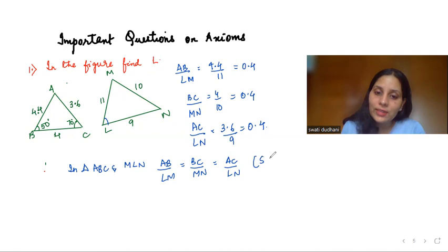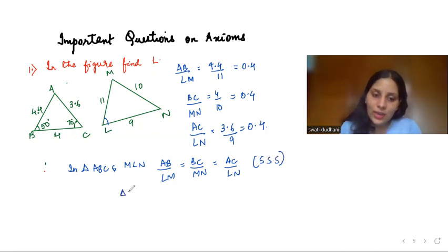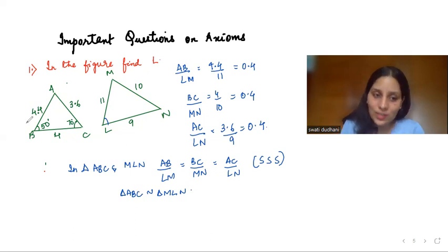So you can use the criteria, the axiom SSS. By SSS, triangle ABC is similar to MLN. Since the two triangles are similar, we know that all the corresponding angles will automatically be equal. So first, let us find angle A of this triangle.